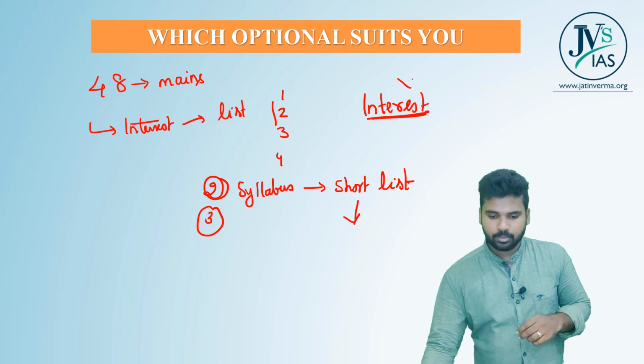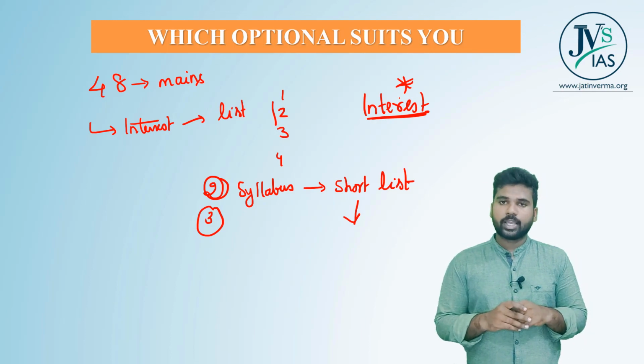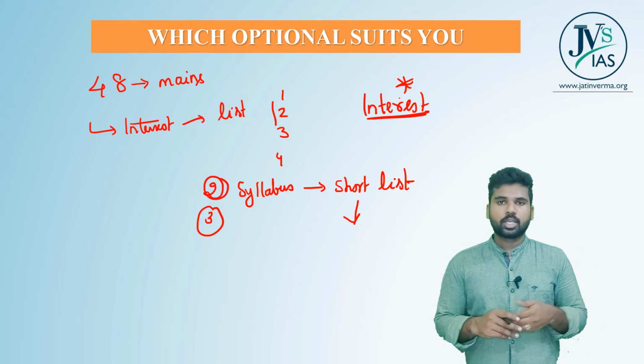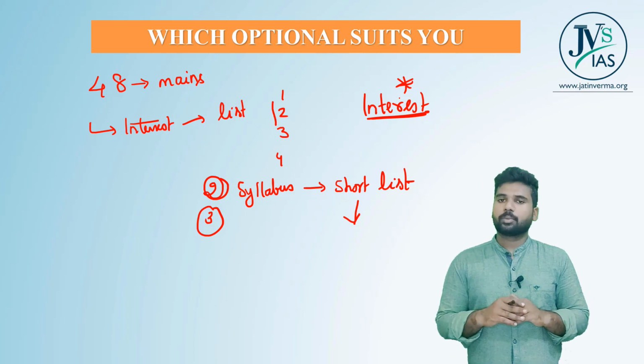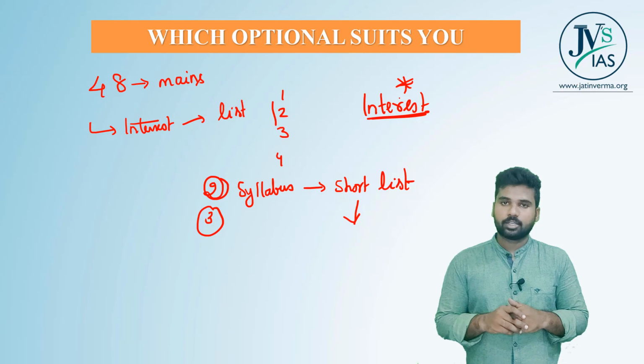Okay, this is the main important parameter. If all these parameters are satisfied and you have a list of subjects, take any of the subjects from those lists and you will definitely come out of the examination with flying colors.